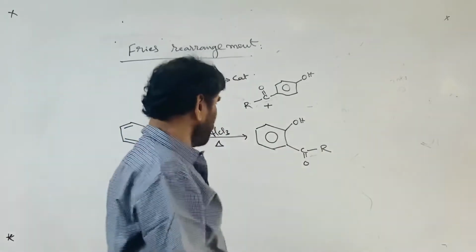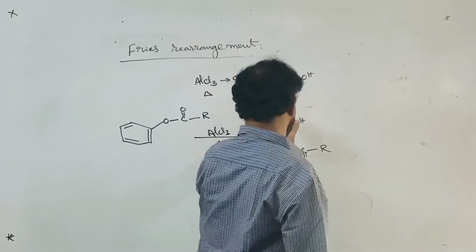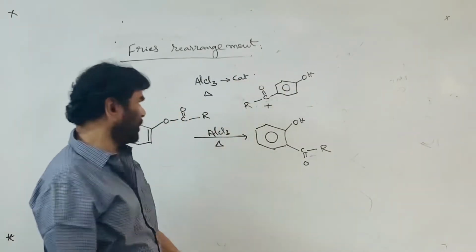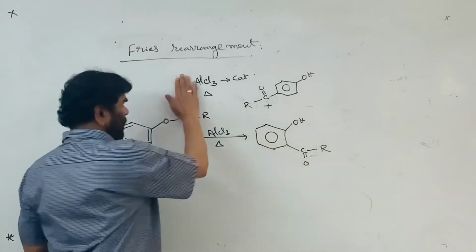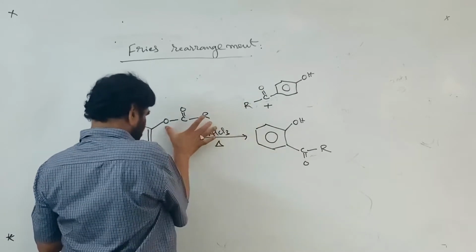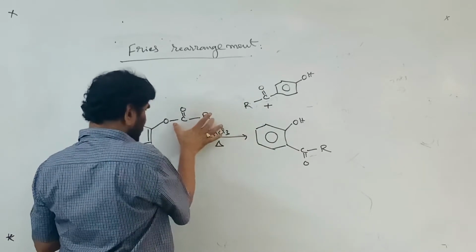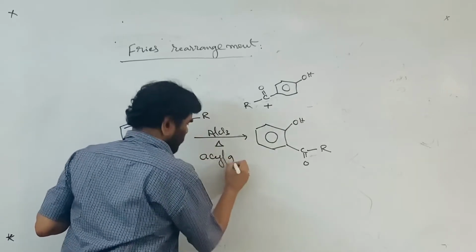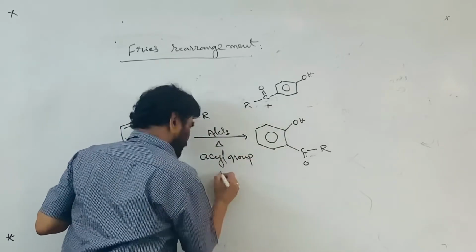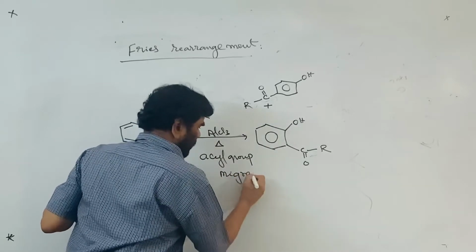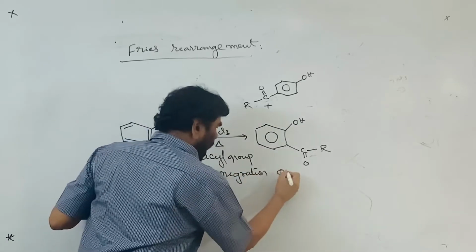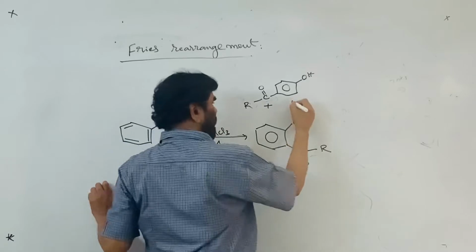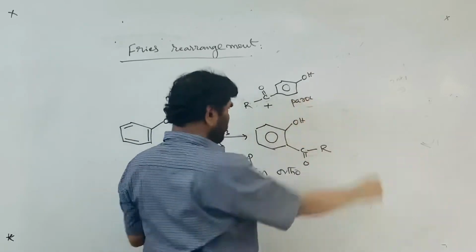Ortho-hydroxy and para-hydroxy products are formed. This is a rearrangement reaction, in which the acyl group is migrating. Acyl group migration: both the ortho product and the para product are formed.